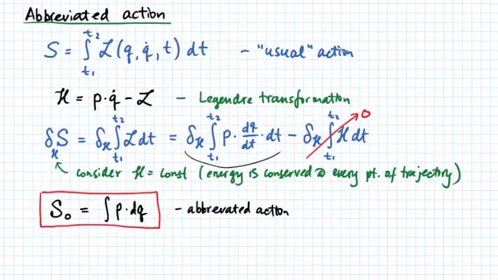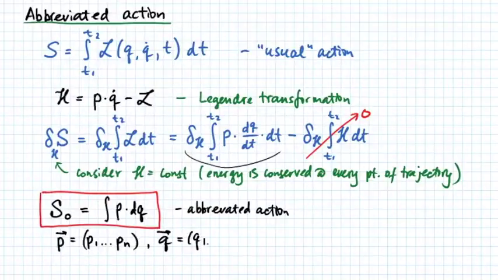This formula can be generalized when p consists of many components, say p1 to pn, as well as q, the generalized coordinate, which consists of many components, q1, q2, through qn. In which case, the definition simply becomes the p vector dot dq vector.